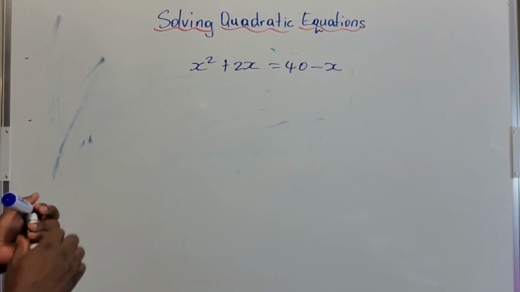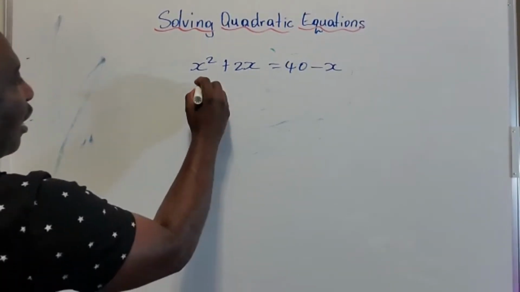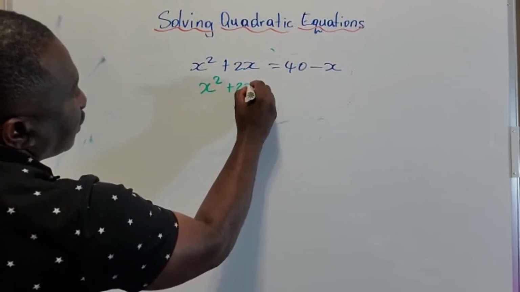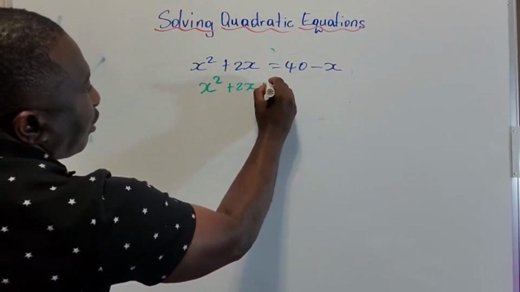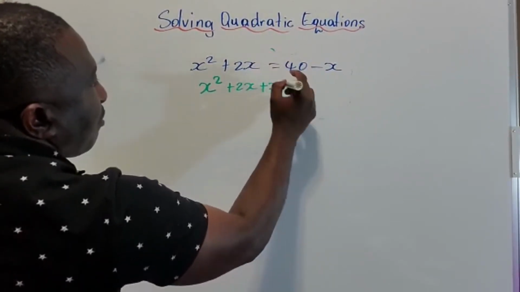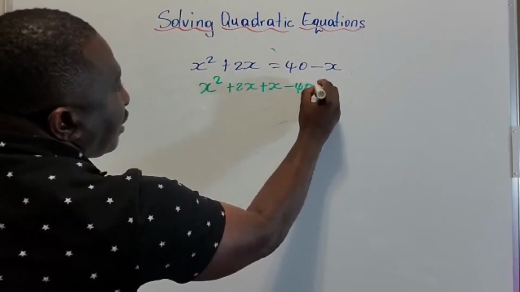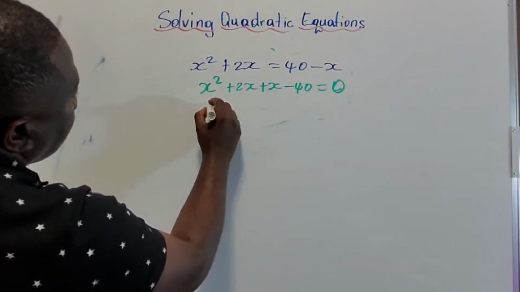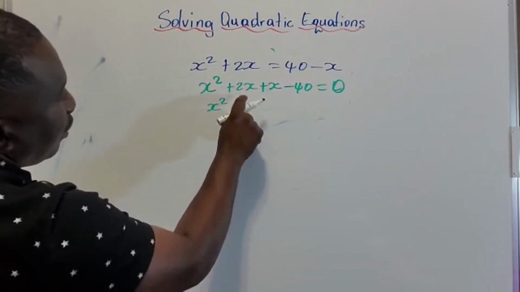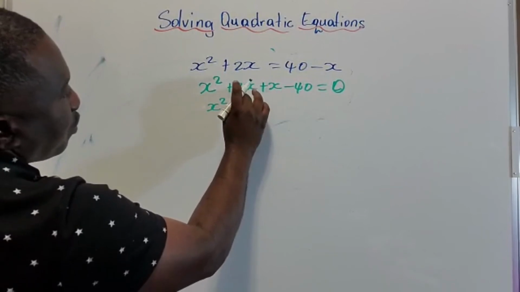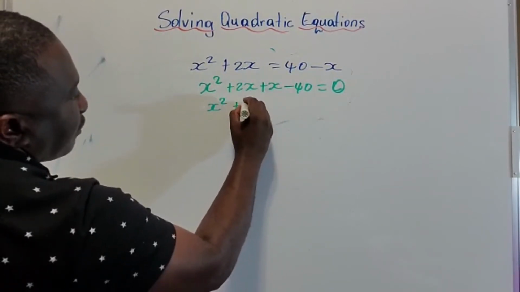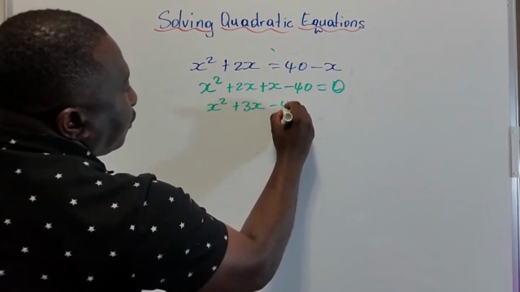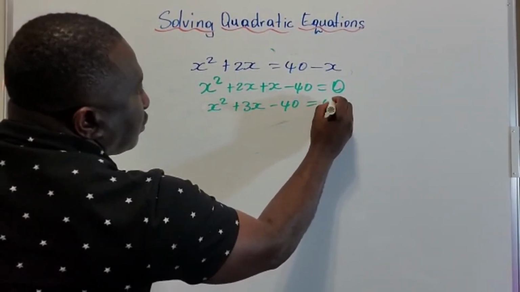So what we'll do is x squared plus 2x, bring over my x, plus x, bring over my 40, minus 40 is equal to 0. Hence, x squared, let us add these two. 2x plus x will give us positive 3x minus 40 is equal to 0.